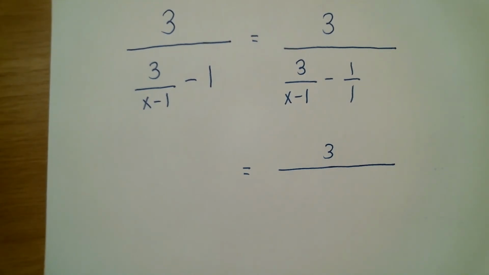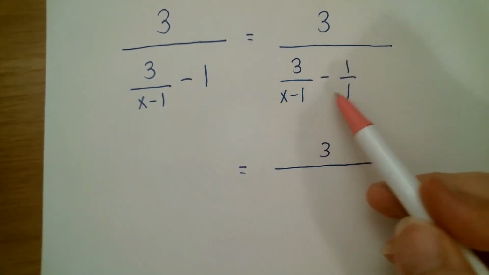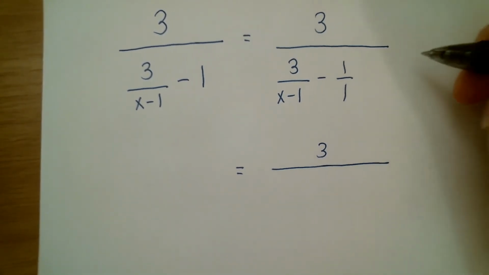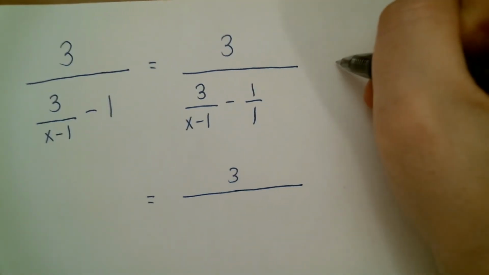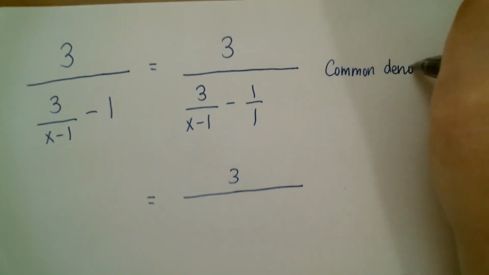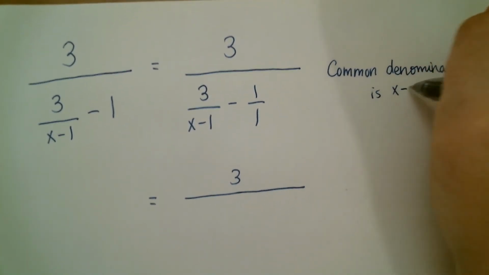They do not. So all you have to do is multiply them together to get the common denominator. So the common denominator is going to be x minus 1 times 1, which is x minus 1. I'll even write that out to the side: the common denominator is x minus 1.